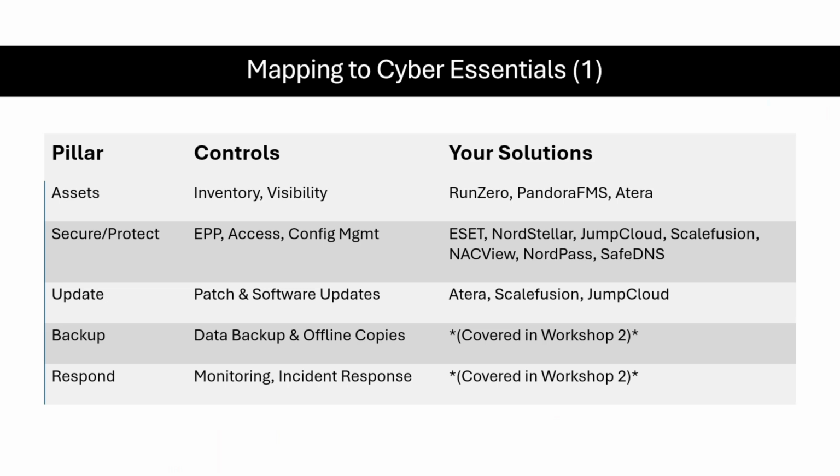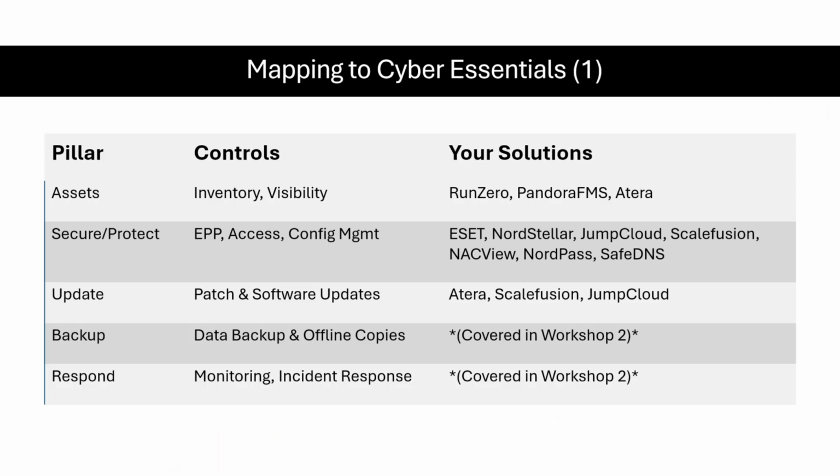What we need to do, like access, we need inventory, we need visibility. You can use Zero, Atera, or Pandora. If you need to do the protection part, you have to do endpoint protection, access control, and some configuration management. So ESET, Logsdata, JumpCloud, ScaleFusion, all can help you.